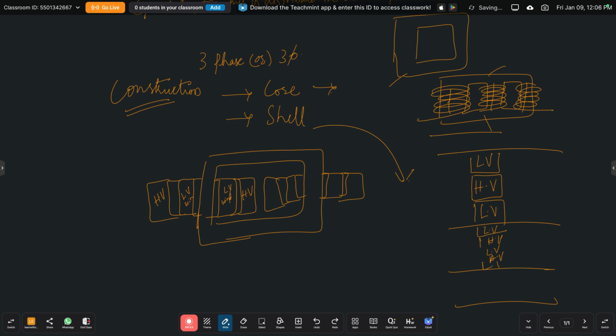At the top and bottom we represent the LV windings, and in between we represent the HV windings. In this way we construct the shell type transformer. Now coming to the working principle of the transformer.